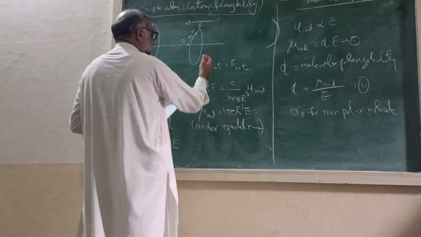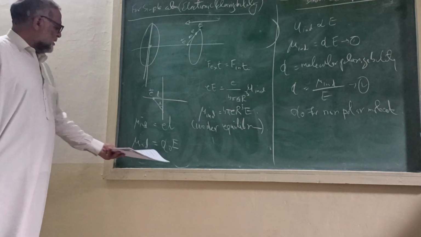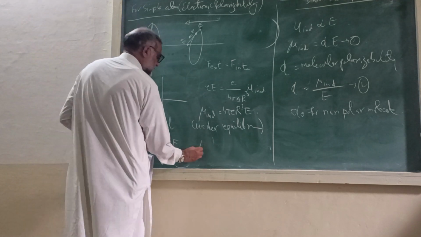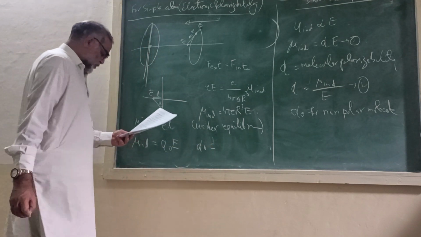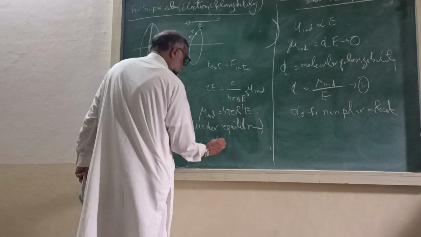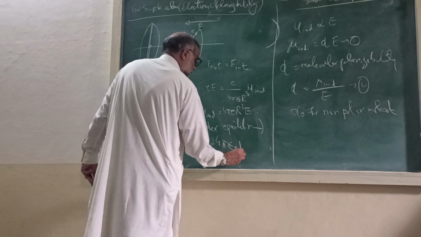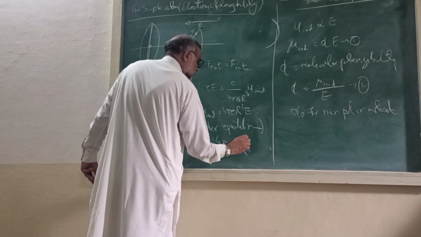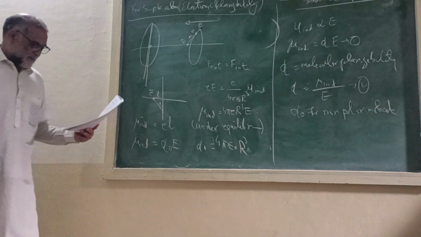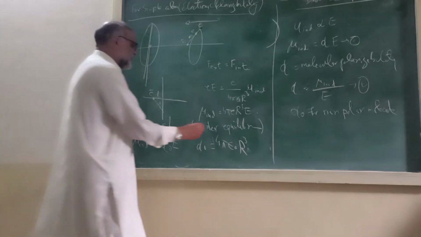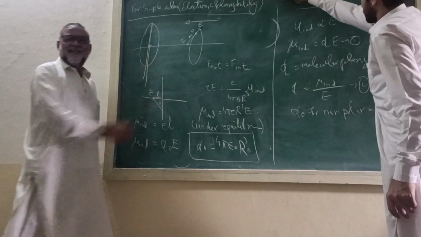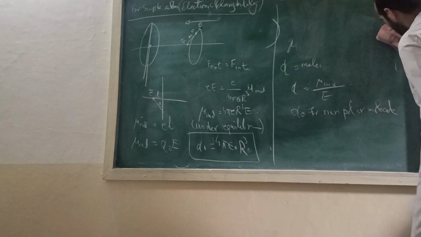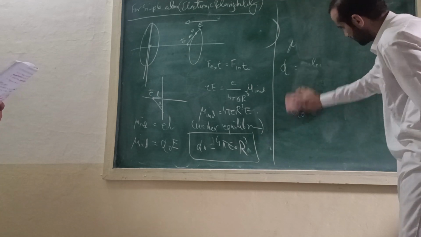If you compare this with this equation, alpha naught will be equal to 4 pi epsilon naught into r cubed. So atomic polarizability is directly proportional to r cubed.